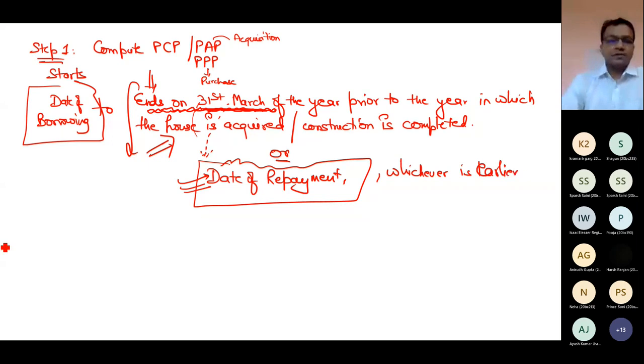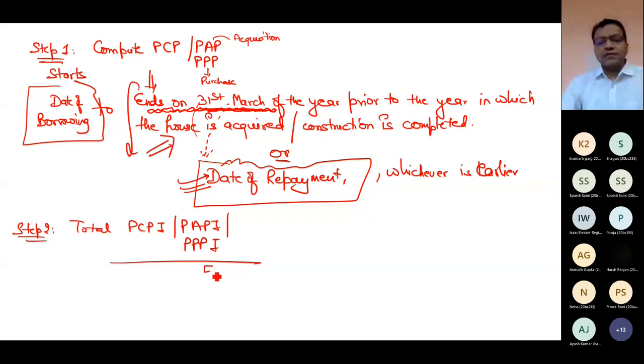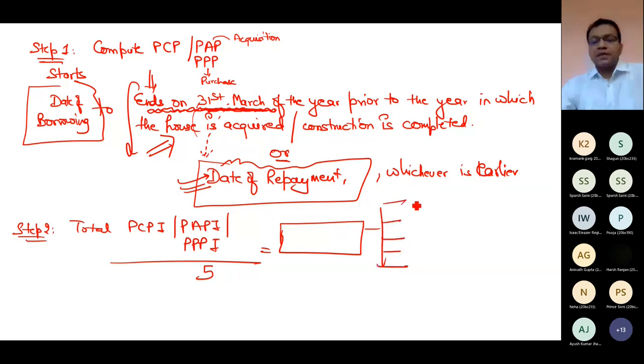This is step 1. Then I told you step 2, that whatever is the total pre-construction period interest or pre-acquisition period interest or pre-purchase period interest, do the total and divide it by 5, make 5 installments. And those installments are deductible in 5 years. Which are those years?